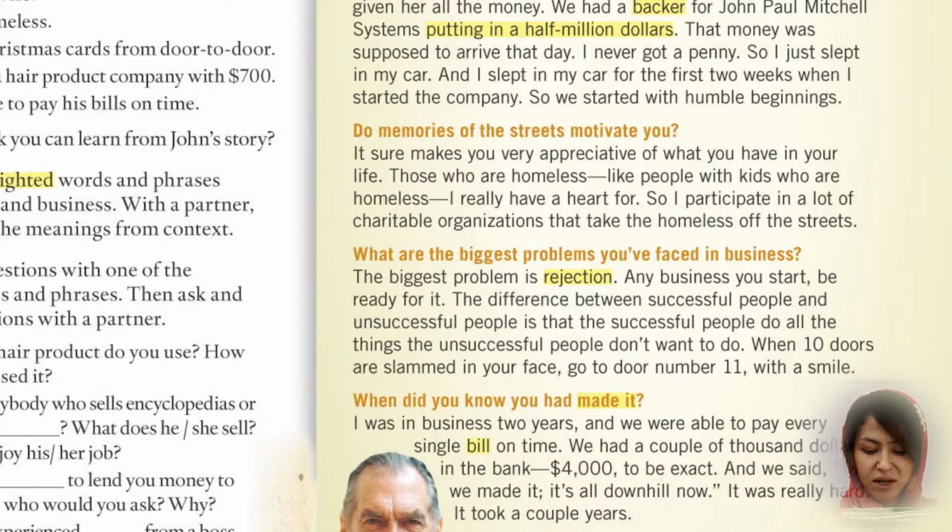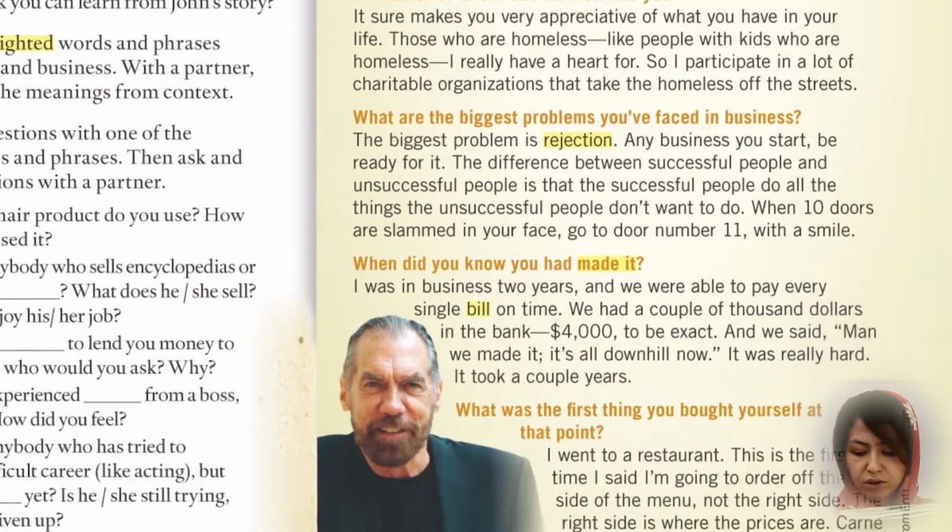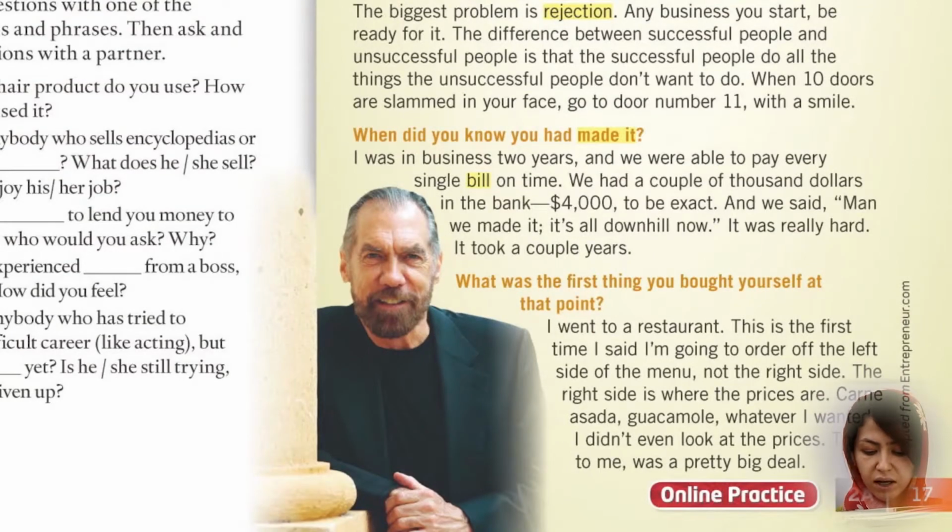It's really important. When did you know you had made it? Made it, you had made it, or you have made it. It means being successful. Okay? I was in business 2 years and we were able to pay every single bill on time. We had a couple of $1,000 in bank, $4,000 to be exact.